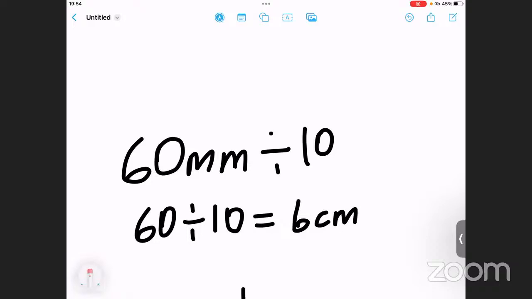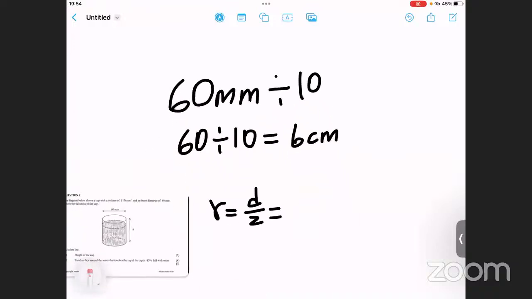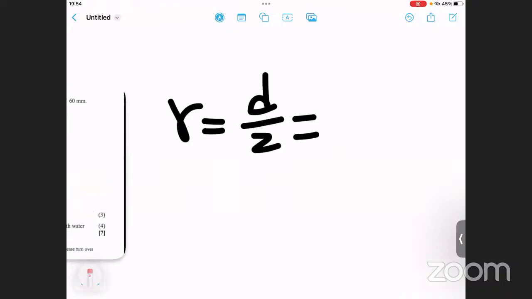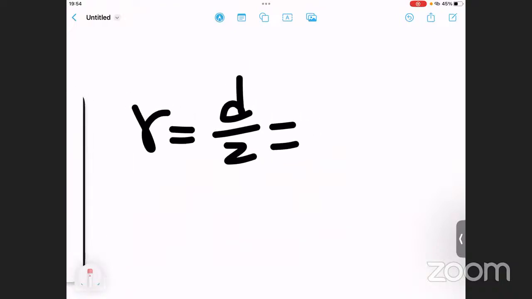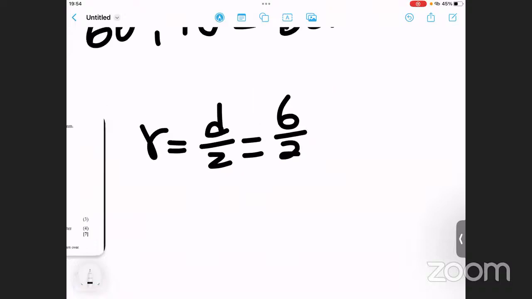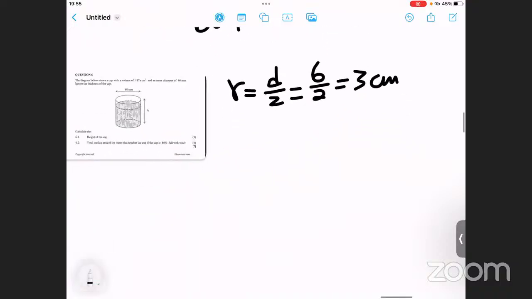Yes, okay. Now we are on the same page. Yeah, I think the bones expired, man. Okay, then it's fine. From there, we are having 6 that we divided by 2, right? Yes, sir. And the radius will be 3 centimeters.